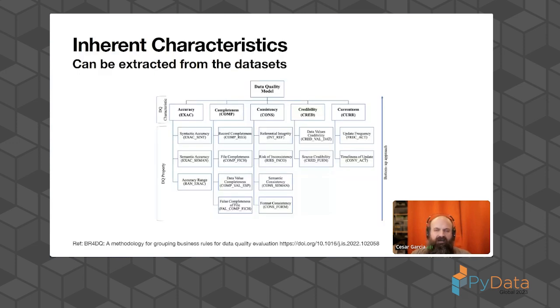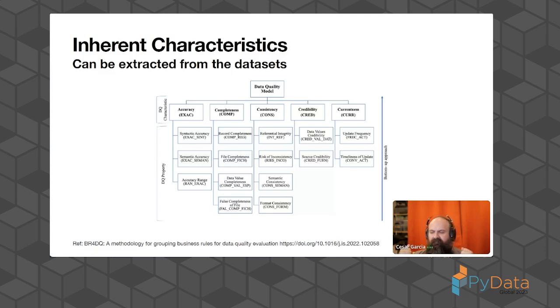And data quality is composed of several characteristics: accuracy, completeness, consistency, credibility, and currentness. And for each of these, there are properties. So for example, let's say I'm going to go with a date, maybe one date. If we are talking about accuracy, syntactic accuracy means, does this date conform to a standard?